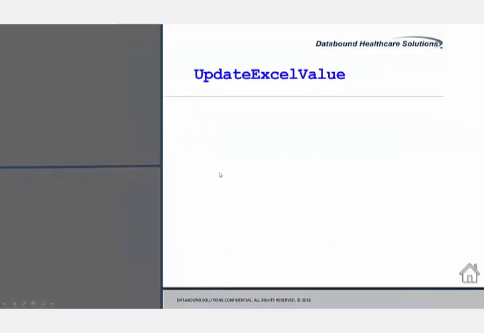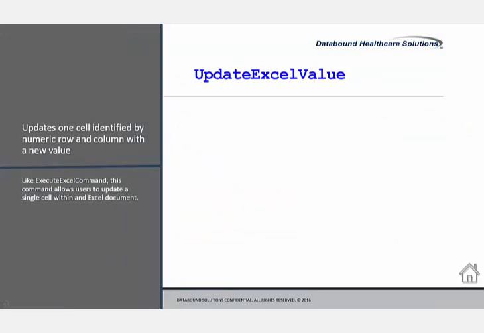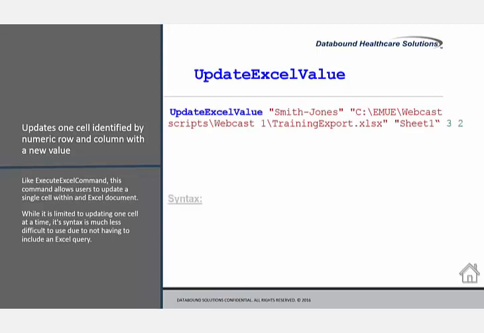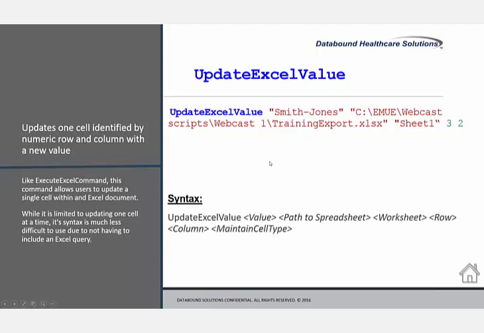And we'll come back to our presentation. The next one here is update Excel value. Update Excel value is a simpler way of doing an update statement, basically. Instead of doing the execute Excel command and knowing all of the syntax, we've made a much easier command so that you can update a single value within an Excel document.